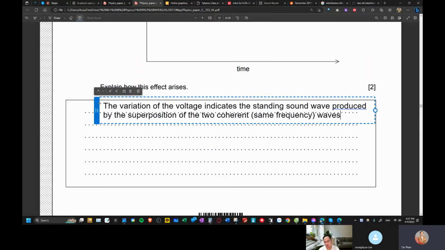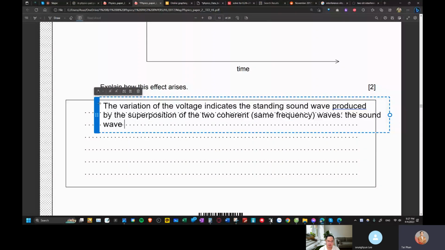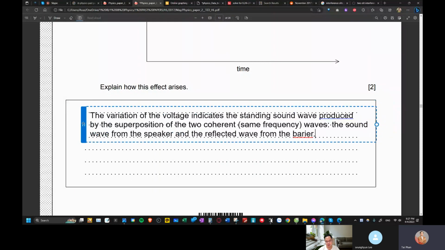The two coherent waves are firstly the sound wave from the speaker and the reflected wave from the barrier. Okay, I think we just need to answer like that.